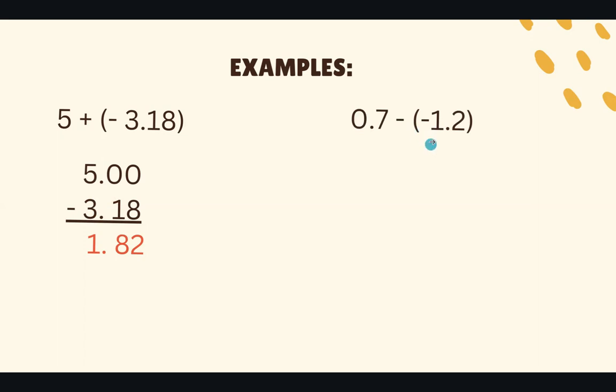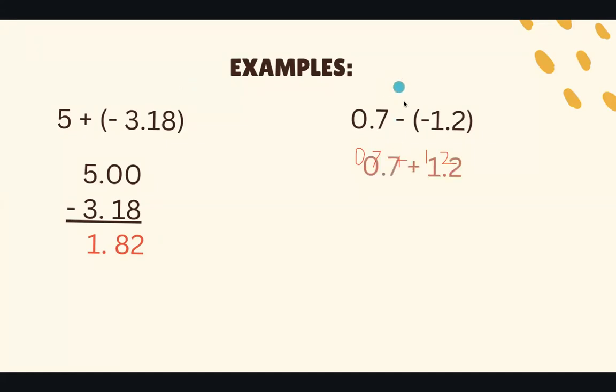0.7 minus negative 1 half. As you can see, we are subtracting, so follow the KCC rule. Keep the minuend 0.7, minus will become plus, negative 1.2 will become positive 1.2. Now we are adding numbers with the same sign. We simply add the numbers.